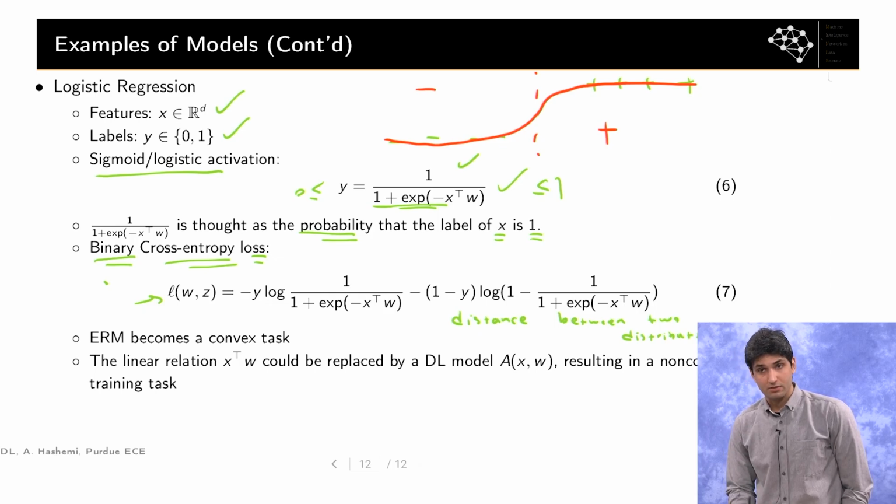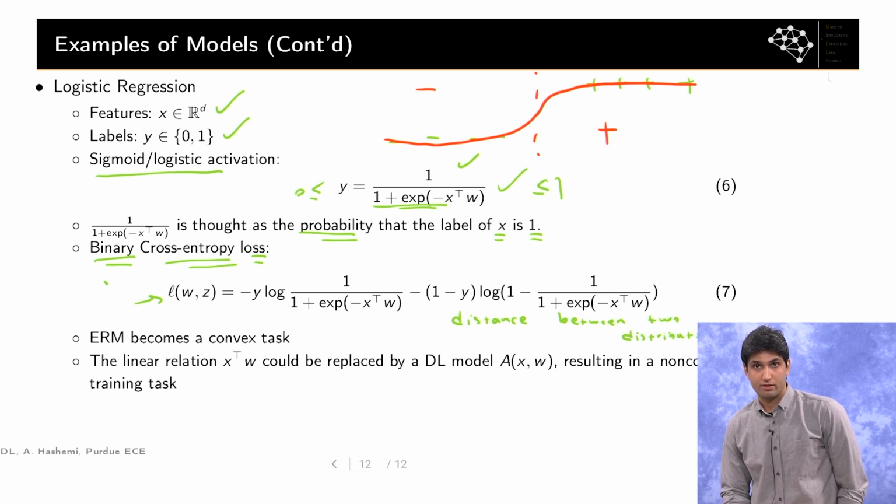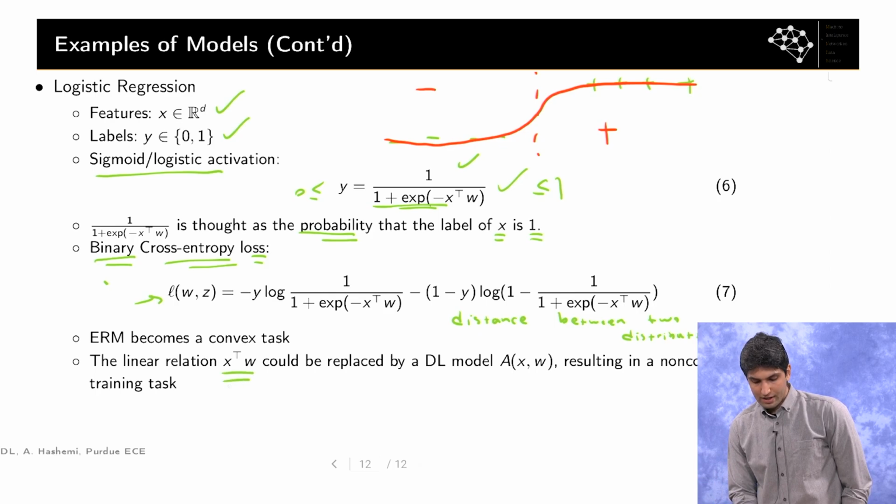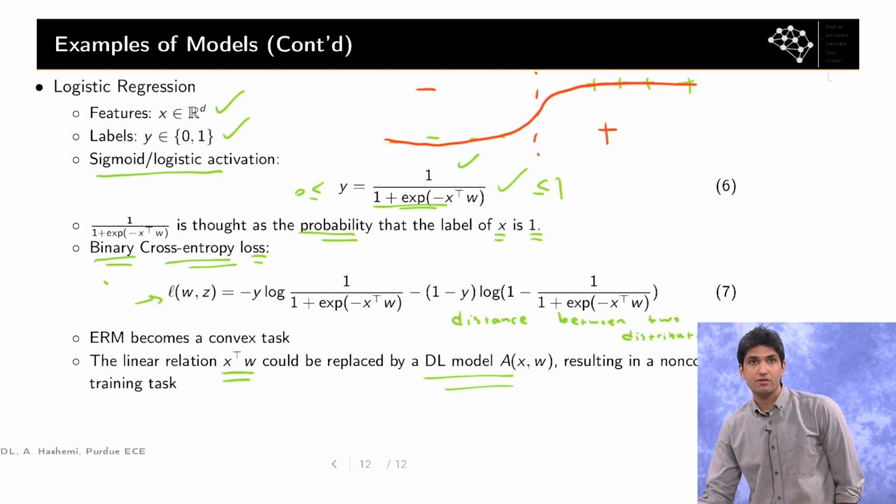Like the previous two examples, in practice this is not going to be powerful enough in many cases to represent the relationship between the features and labels. So what we tend to do is replace this linear relationship with something more complex and nonlinear, such as a deep learning model. And that will result in a non-convex training task.